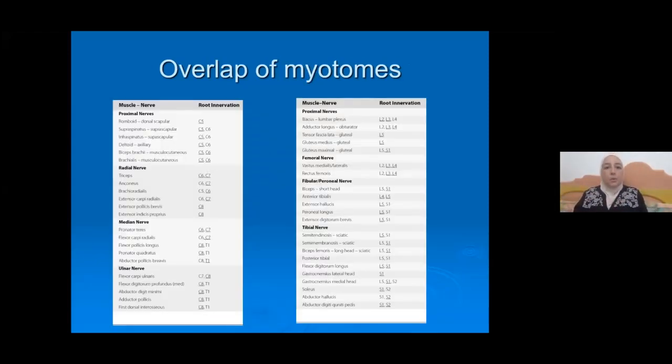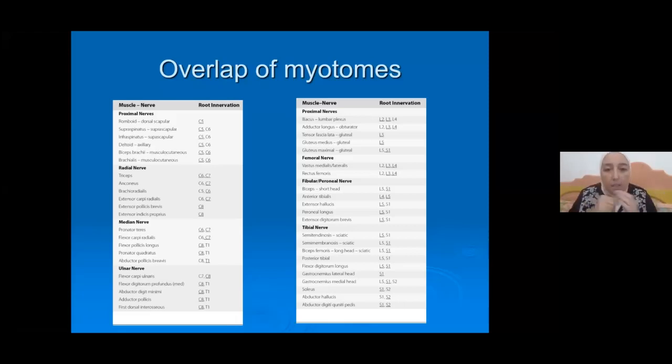The overlap of myotomes is also important. I wanted to put it separately here before we talk about the electrodiagnosis, because knowing the main muscles in the upper and lower limbs, the muscle name, which nerve supplies this muscle clinically, and the root value for this muscle.